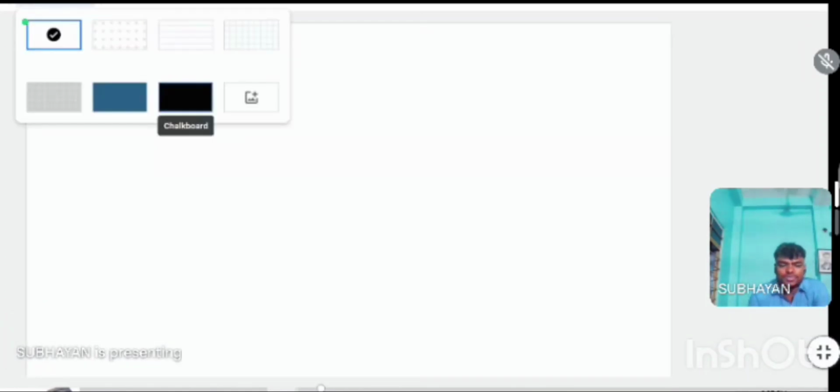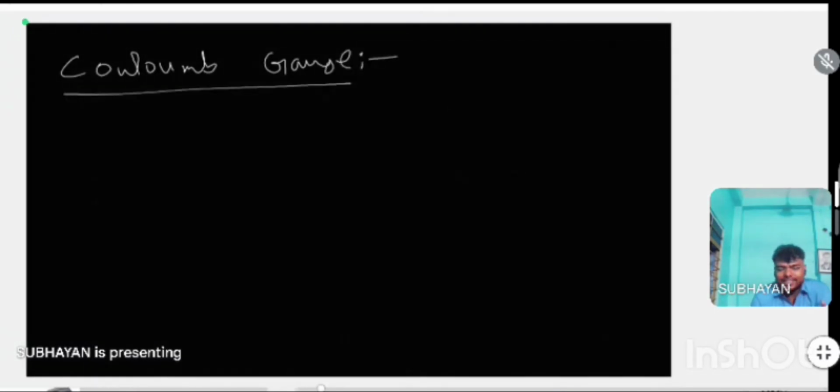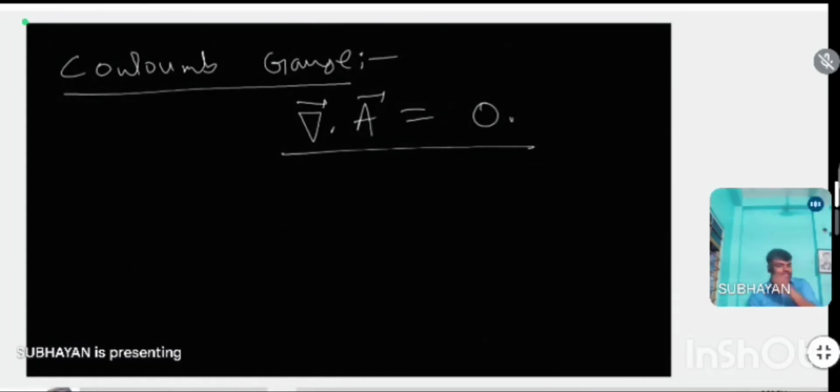Okay. Now what is Coulomb gauge? Coulomb gauge is such a choice of A so that the divergence of A will be zero. Okay. So Coulomb gauge is such a choice of A. There is no restriction on A to be conservative or conserved. A may not be conserved, but if you take some Coulomb gauge solution, Coulomb gauge will restrict the solution to be conserved.